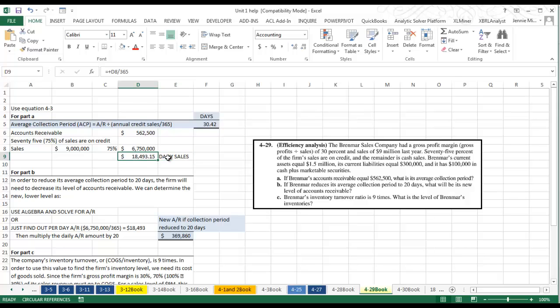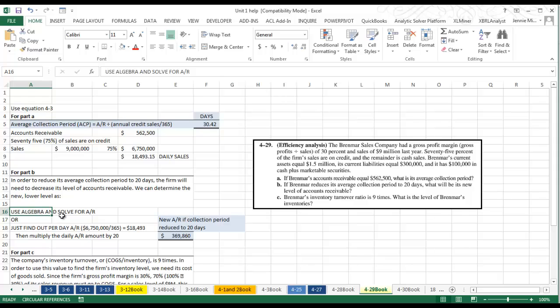So that's a number. The reason I want to bring that up is because in Part B, it tells us to reduce its average collection period from the 30.42 that we calculated up here, down to 20 days. If we do that, what will be the new level of accounts receivable?